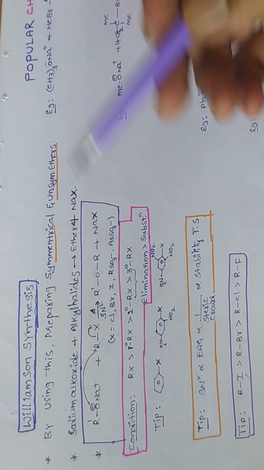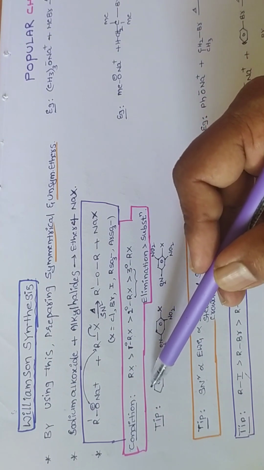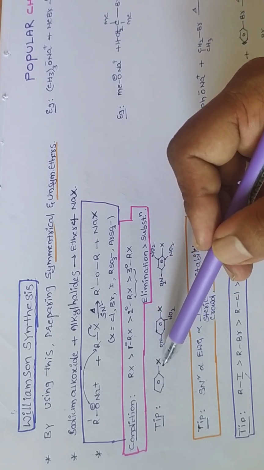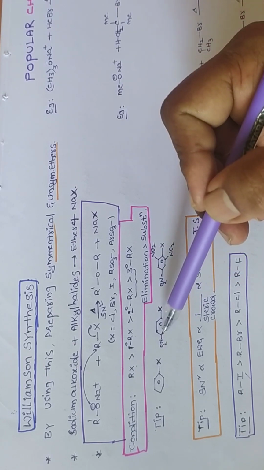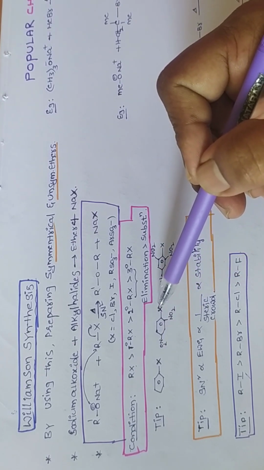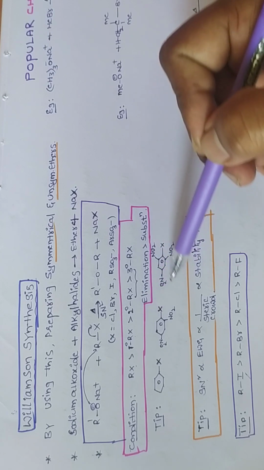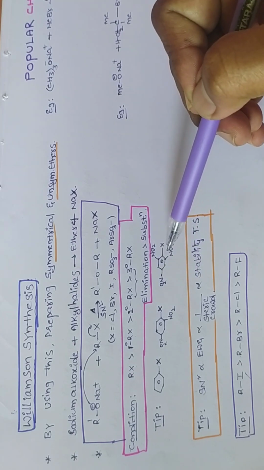Next, another tip. Now this is called aryl halides. Generally, aryl halides without an electron withdrawing group won't undergo substitution reactions. Aryl halides undergo substitution only in the presence of an electron withdrawing group.